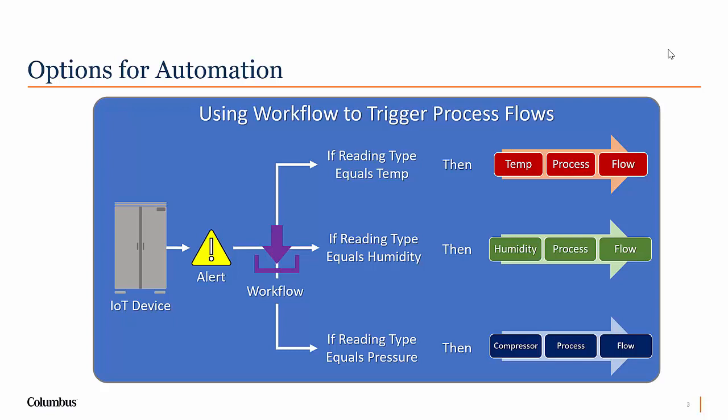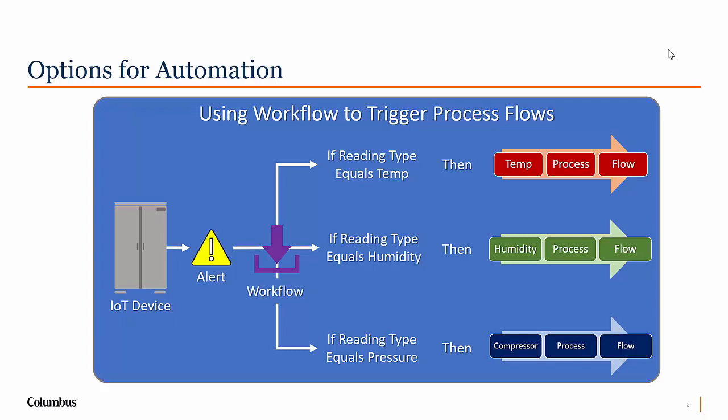So if you think about it, an IoT enabled device could have many different IoT sensors. They could have one reading temperatures, they could have one reading humidity levels, and they could have one reading pressure levels. Now, if the reading type is one of those that's coming through, you could have different process flows that are enabled with different rules based upon those different IoT sensors and the different readings.